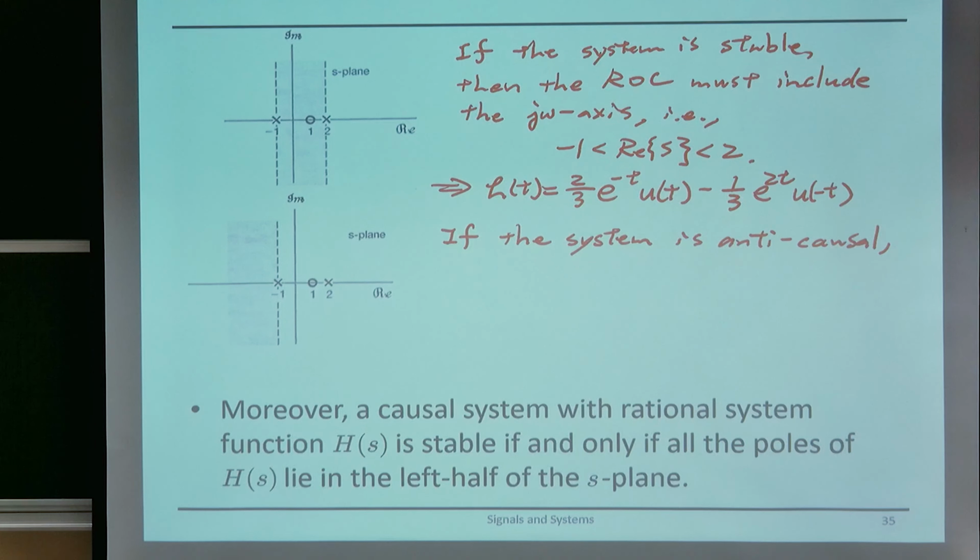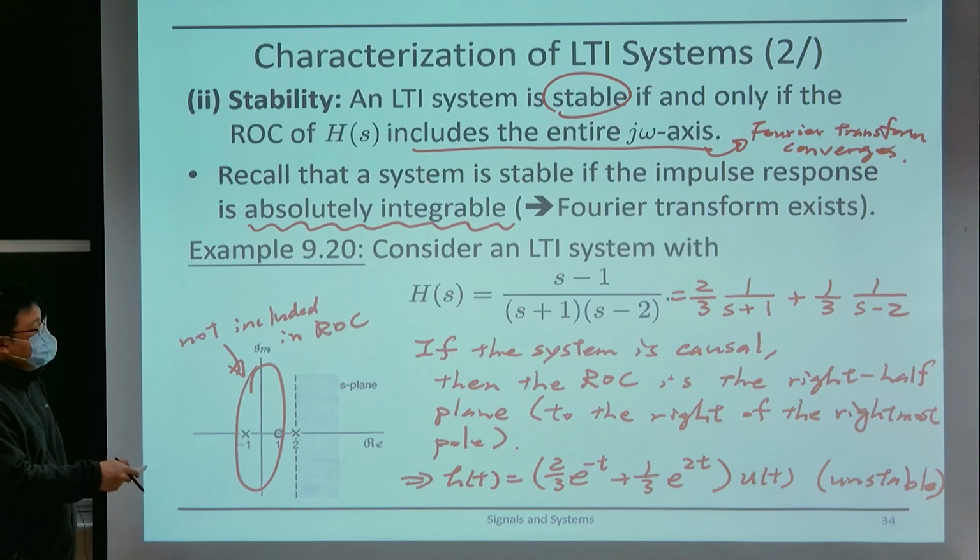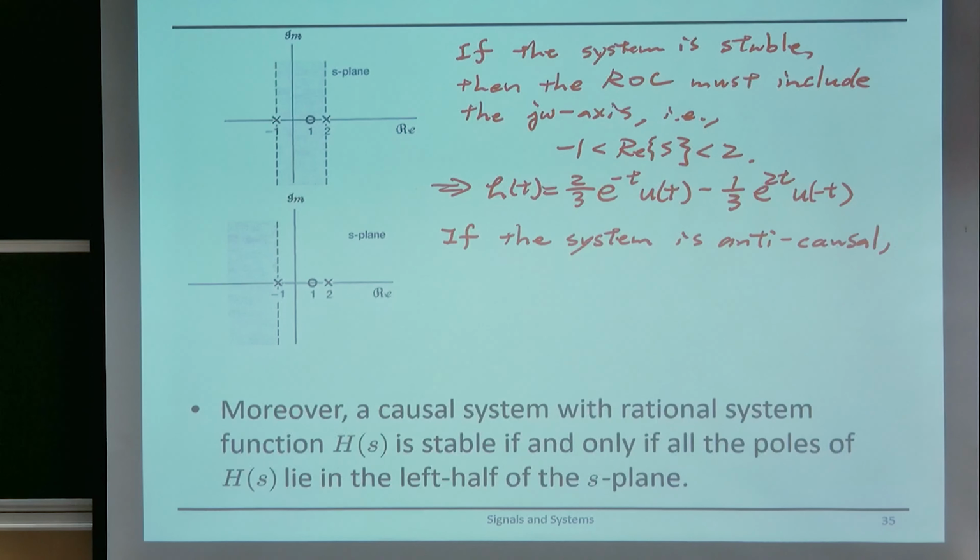Then it must be the left half plane. And therefore, if you look at this expansion here, both of these terms should have an ROC that is the left half plane. So the overall response is a left-sided signal. So we get minus 2 over 3 e to the minus t minus 1 over 3 e to the 2t, u of minus t.